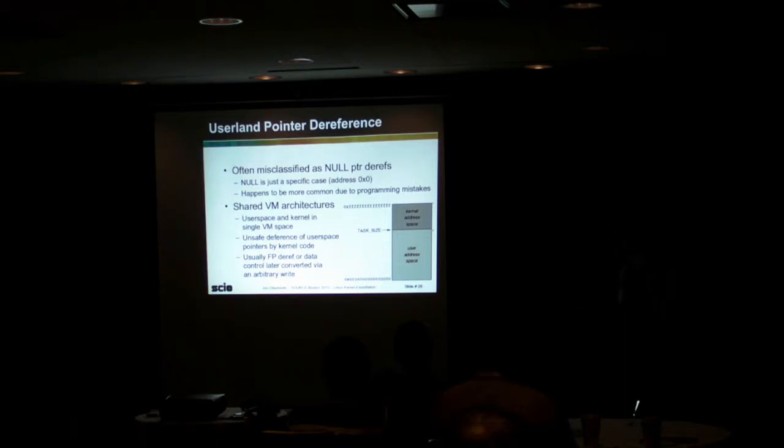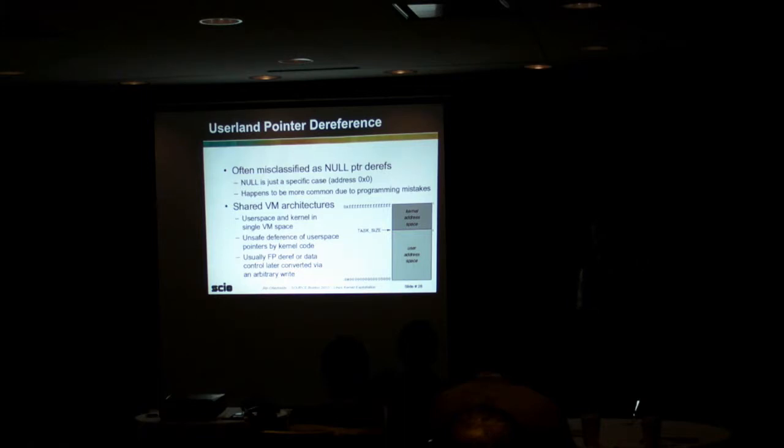But in these shared VM architectures, you can see that in your virtual memory space, your user address space is shared with the kernel space. So the kernel sits at the top or the bottom, however you rotate it, of the address space, and is protected from being accessed or modified by the user address space with its page permissions.